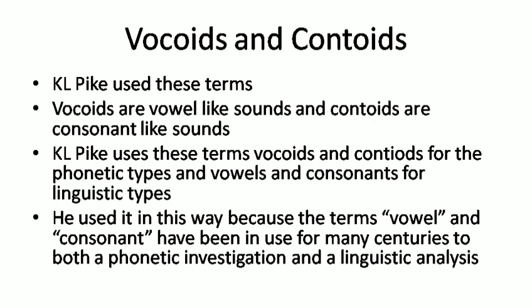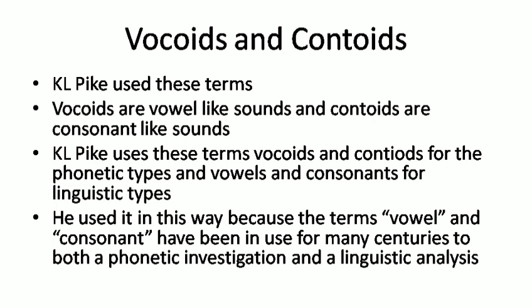What are vocoids and contoids? K.L. Pike is the linguist who used these terms. Vocoids are vowel-like sounds and contoids are consonant-like sounds. K.L. Pike uses the terms vocoids and contoids for the phonetic types and vowels and consonants for linguistic types.